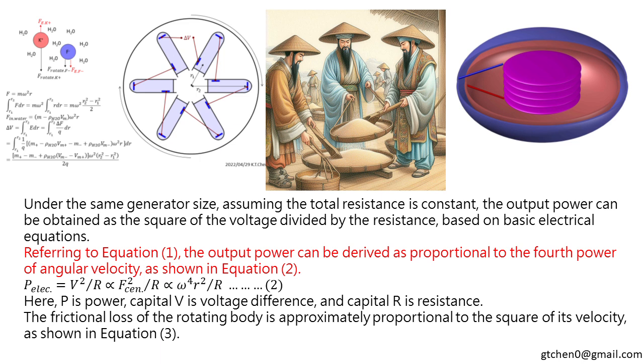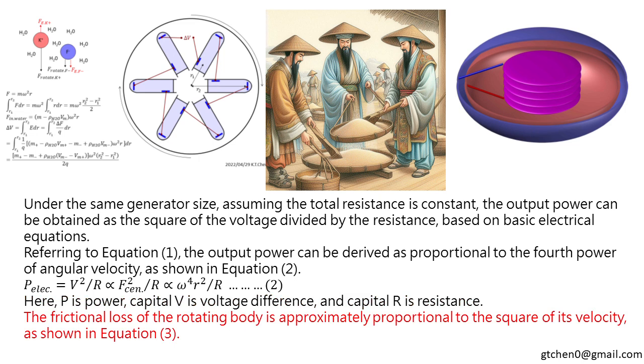Referring to equation 1, the output power is proportional to the 4th power of angular velocity, as shown in equation 2. P_elec equals V² divided by R, which is proportional to F_n² divided by R, which is proportional to ω⁴R² divided by R. Here, P is power, capital V is voltage difference, and capital R is resistance.